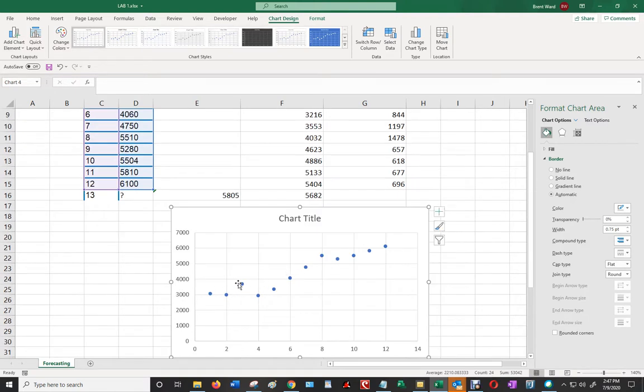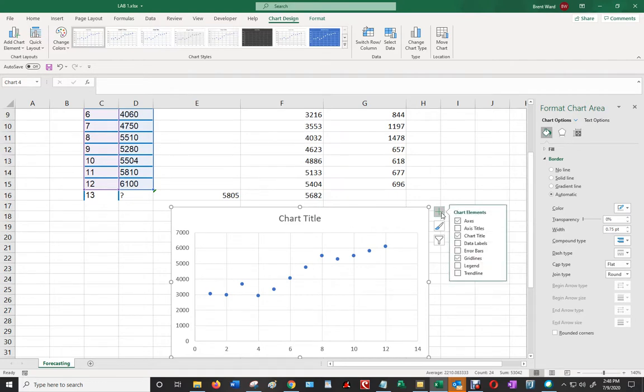This is what the data is. It's called a scatter plot, and we're going to see whether this has a pattern, an upwards pattern in it, and it does. So that means this is probably the best method to forecast with, because it shows the upward trend in the data.